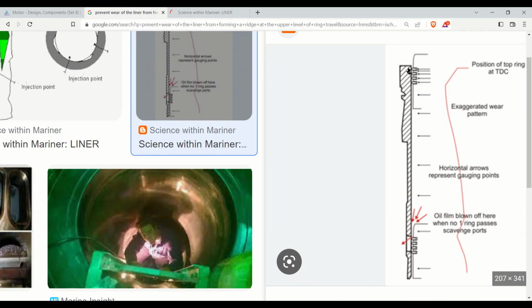A ridge is formed at the top position which can damage the cylinder liner.